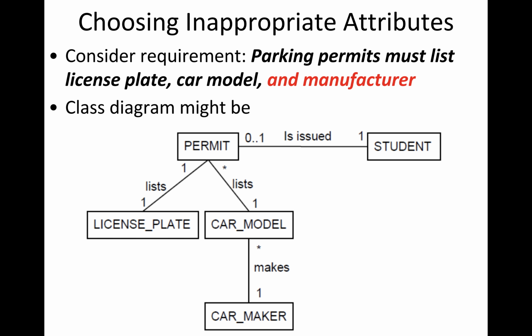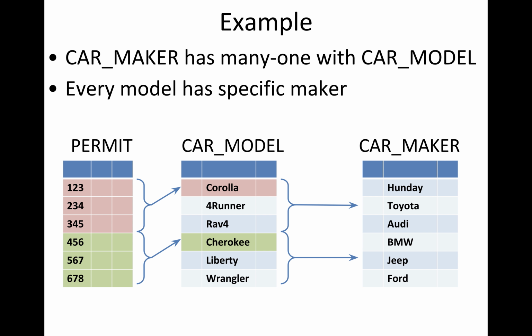And somebody said, well, not only do I want to know the car model, I also want to know the manufacturer. Okay, and so you might capture it this way, right? You have the student, you have the permit, and it was listing the car models for those permits, right? And you want to capture the relationship of also the car maker for that model, right? And you might want to capture it in a hierarchy that might make sense, right?